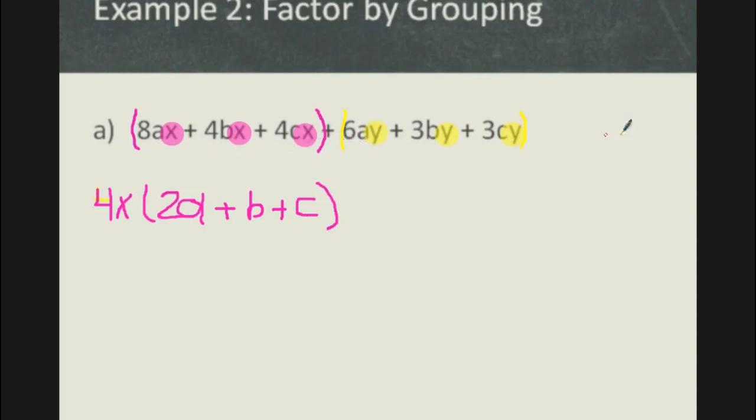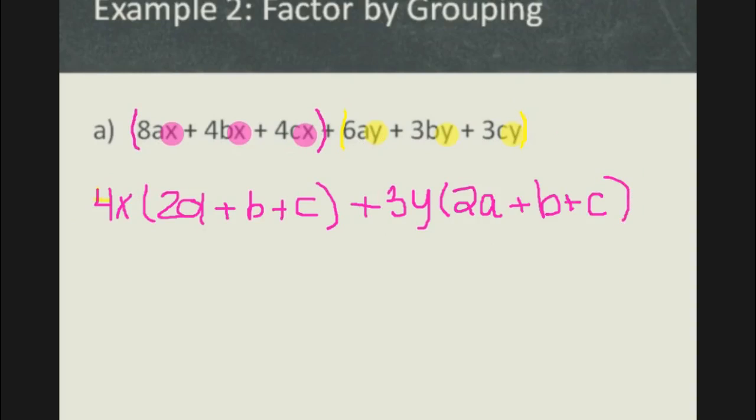And in the yellow, each term contains a 3 as well as a y. So once again, leaving behind 2a plus b plus c.